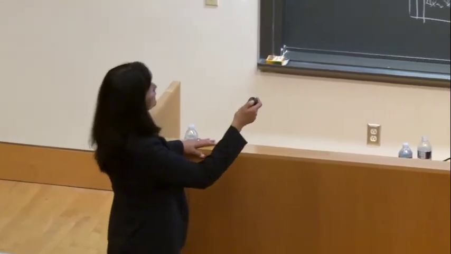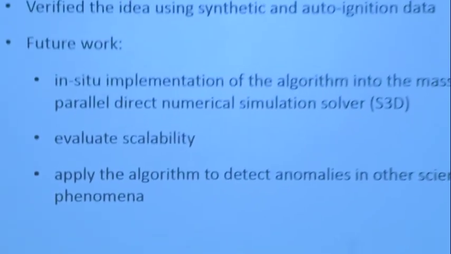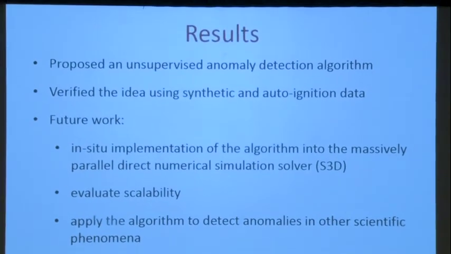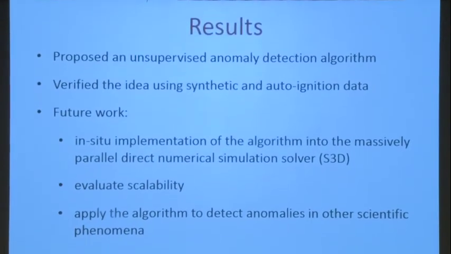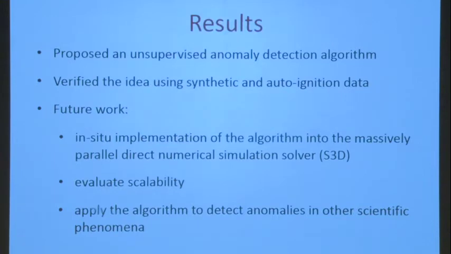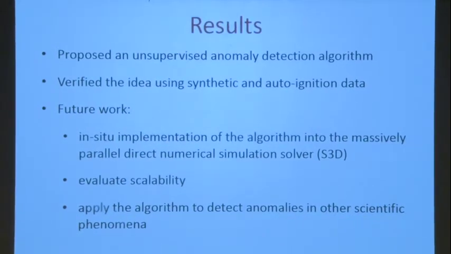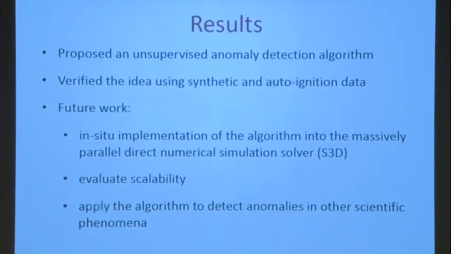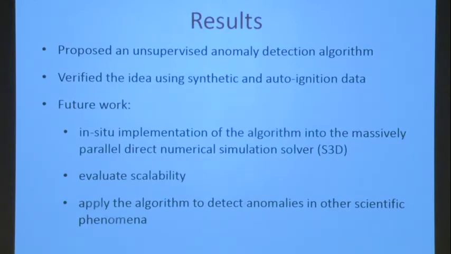We verified the idea using both synthetic and some 2D autoignition data. And we're in the process of working with some of the computer scientists to figure out how to implement this algorithm in situ, or on the fly, in both S3D as well as in some of the AMR codes.